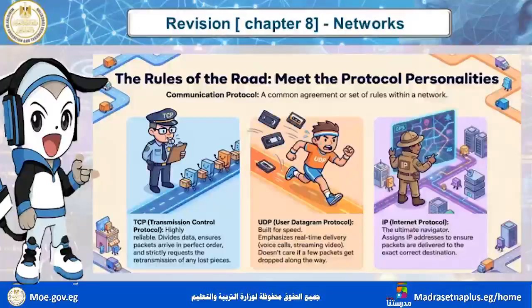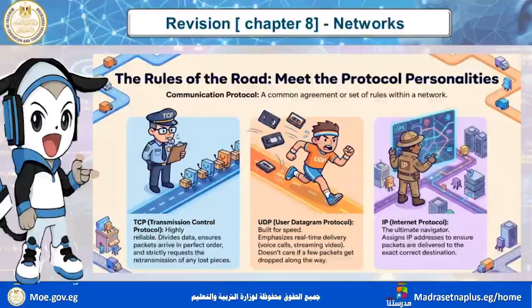Now the rules of the road, how to meet protocol personalities. For example, we have here three types of protocols. TCP, Transmission Control Protocol, which is highly reliable and is used to divide data and ensure that the packets arrive in perfect order. And UDP, User Datagram Protocol, which is built for speed.